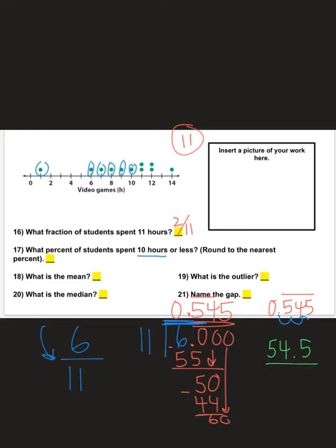Multiply by 100 or move your decimal to the right 2 place values. And then it says round to the nearest percent. So 54.5, that 0.5 tells us to round our 4 up. So our closest whole percent would be 55%. So our final answer for number 17 should be 55%.